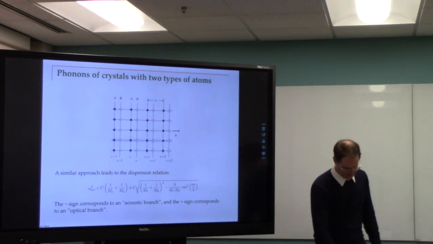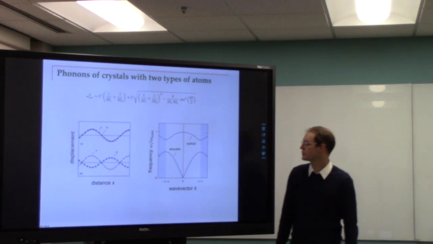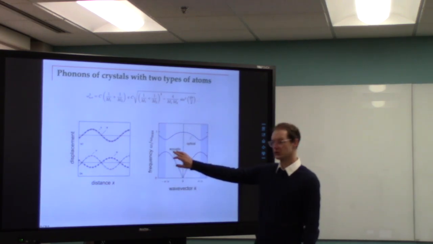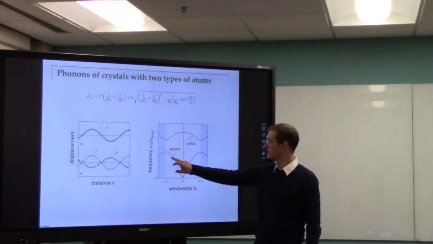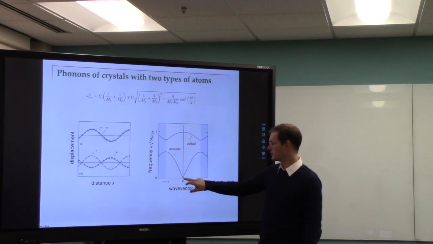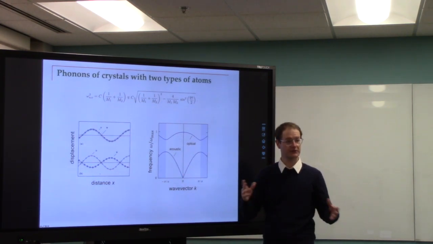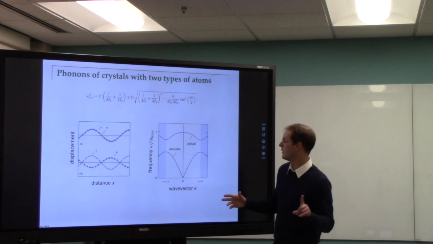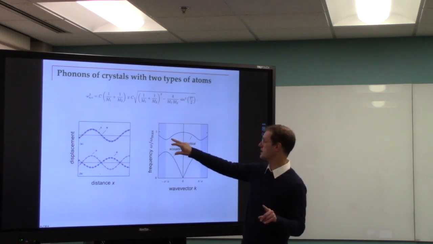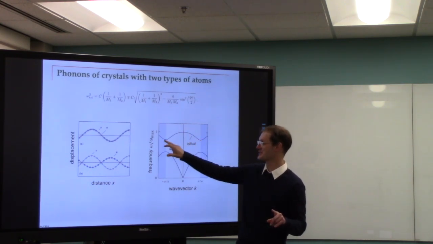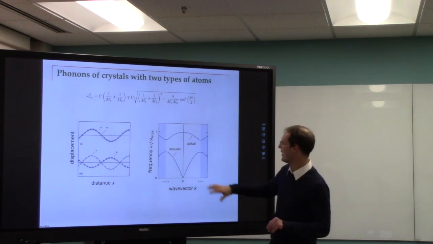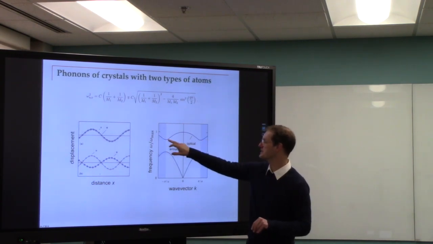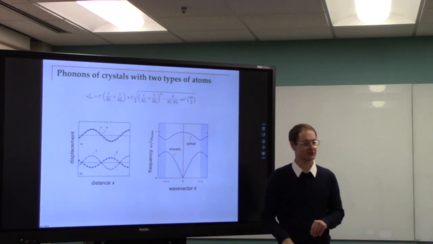The acoustic branch goes to 0 at k equals 0, so it looks qualitatively similar to the phonons in a monoatomic crystal, whereas the optical branch looks a little bit different. This is a new phenomenon where the frequency is non-zero at all wave vectors.